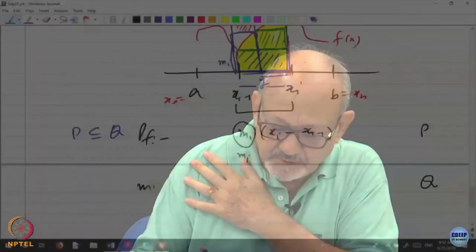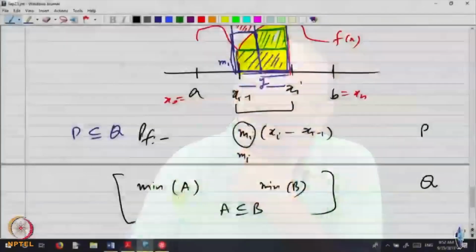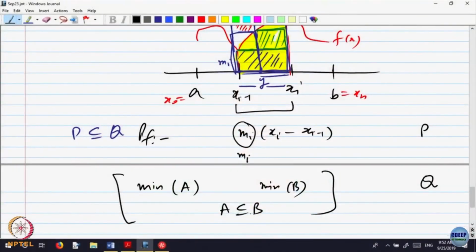So the basic concept in this proof will be looking at the minimum. So this is a general problem: minimum value in a set A and minimum in B. If A is a subset of B, what is the relation between these two? If you are given a subset A and a set B, say that A is a subset of B, what is the minimum of A, its relation with respect to the minimum on B?